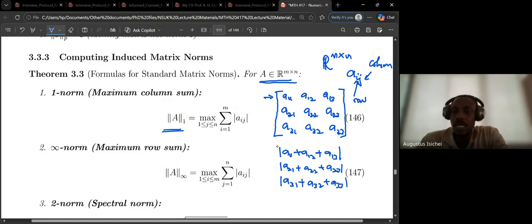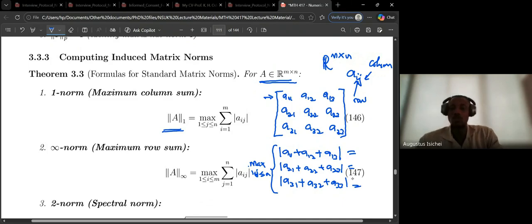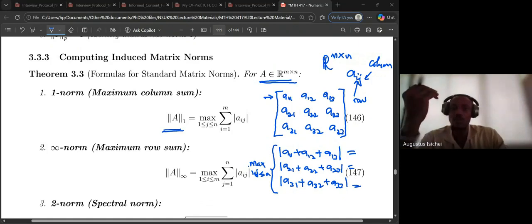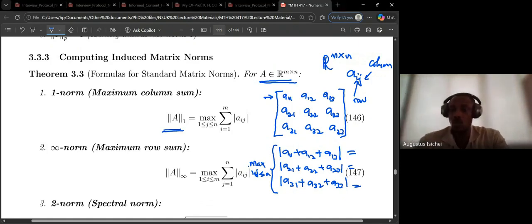Then we want to take the maximum of all 1 to N. So when you add this, which sum gives you the maximum value? That maximum value is what we refer to as the norm of 1, the induced norm, that is the maximum column sum.